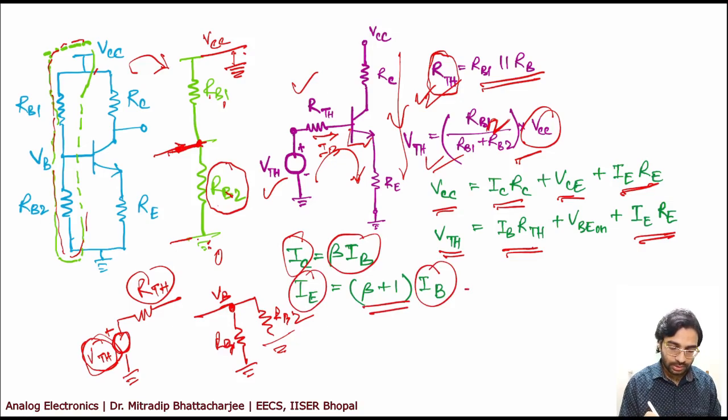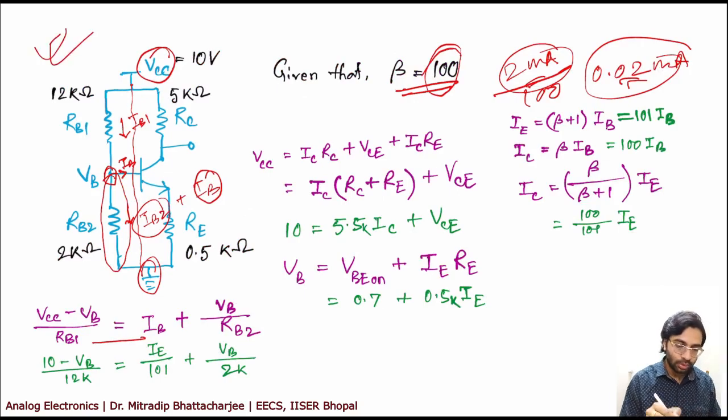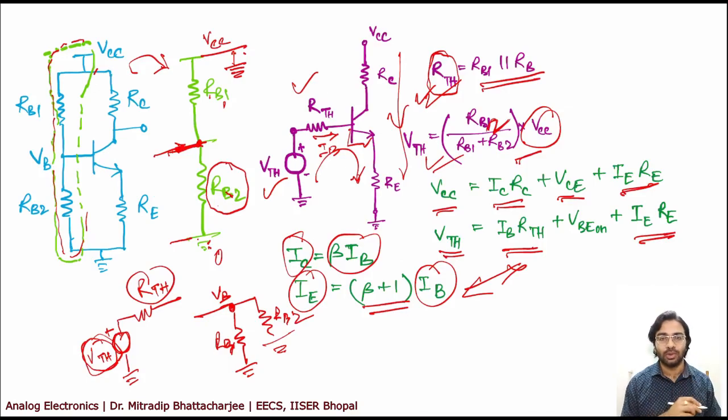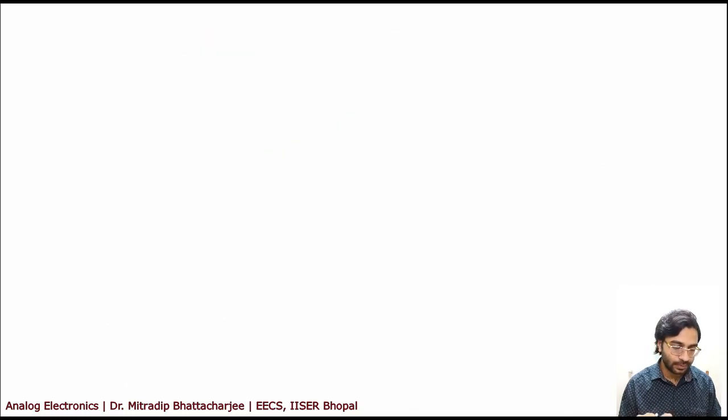So if you solve these equations, you will find whatever value you want to get. So you can solve this problem using both the methods and can see that your values are more or less the same. Okay, you can do this as homework and figure it out. That will help you to understand the circuit.